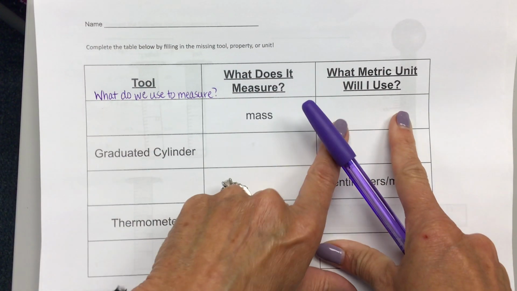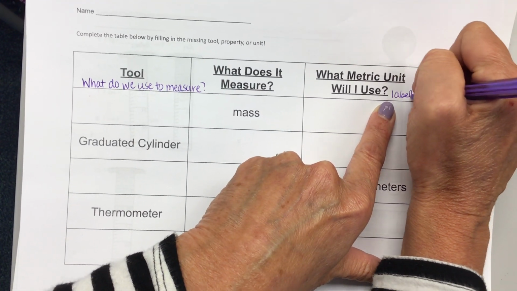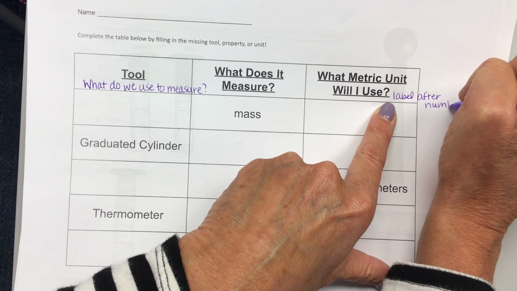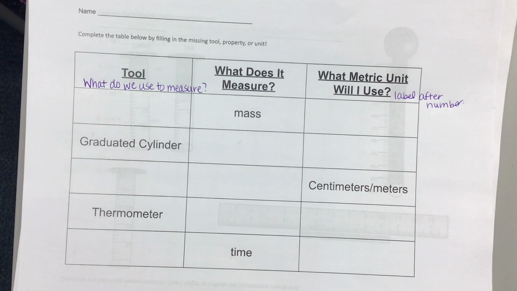And then under the unit, let's put label after the number. We know that units are extremely important because 100 feet and 100 inches are very different things, okay?